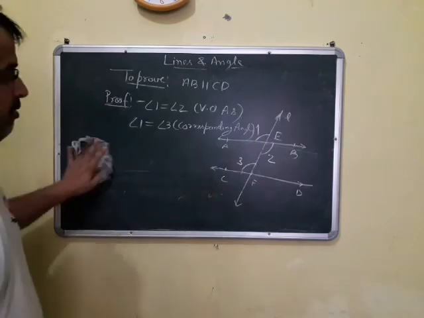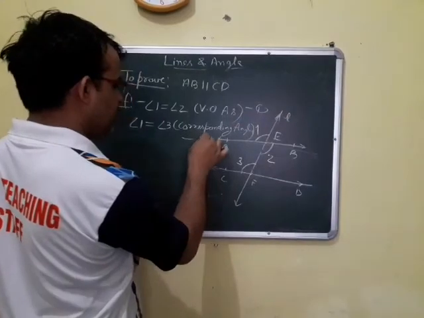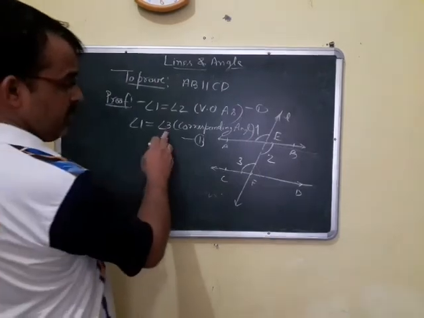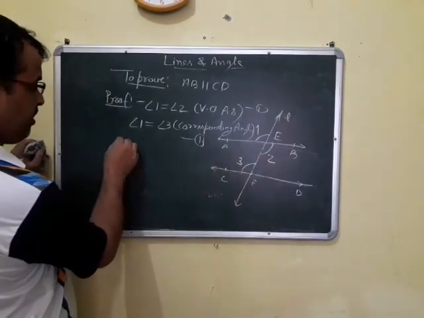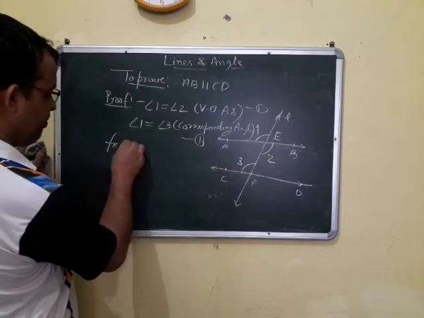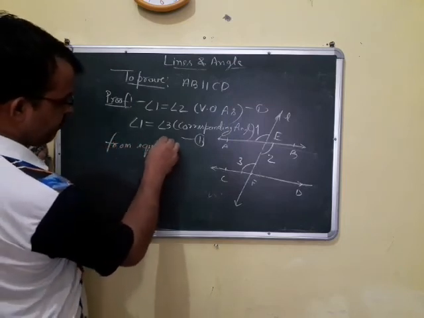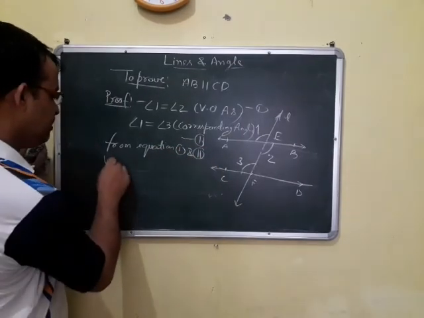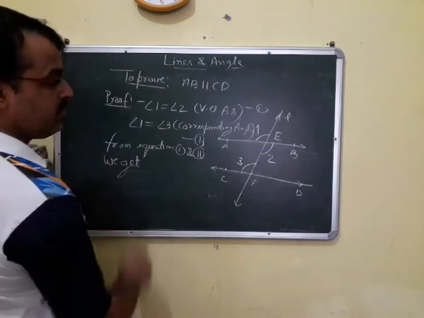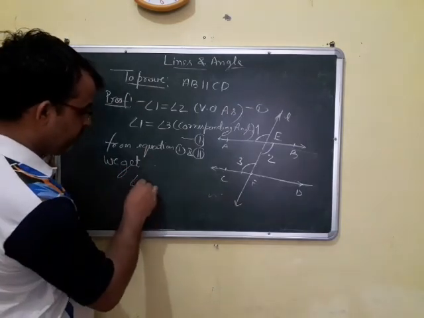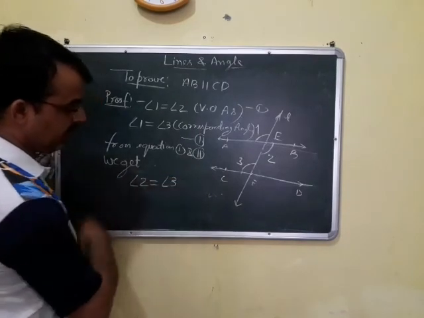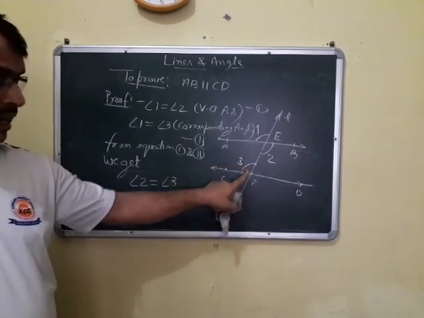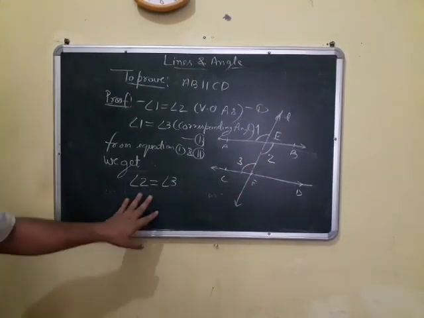From equation first and second, we get here angle 2 is equal to angle 3. Angle 2 and angle 3 are alternate interior angles and both are equal.